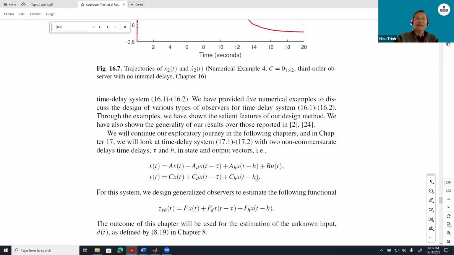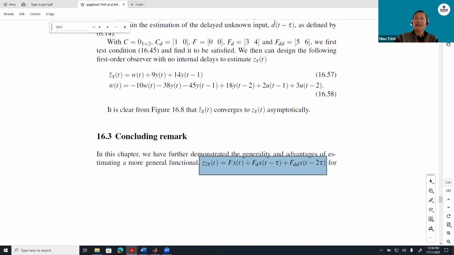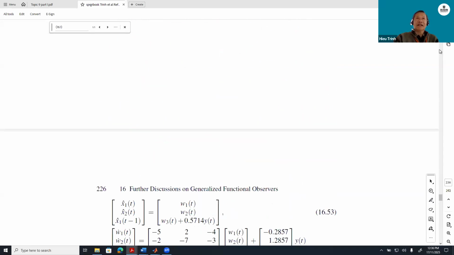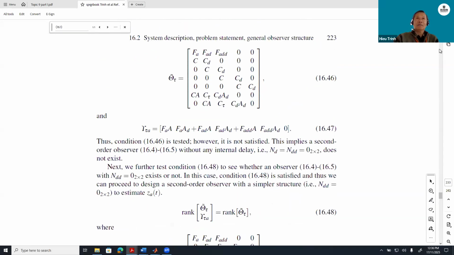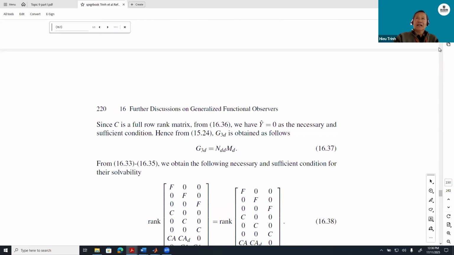We are basically telling you that there is a possibility for us to look at a new research topic, where the observer that we have, this observer itself, can also be considered as a delay compensator.